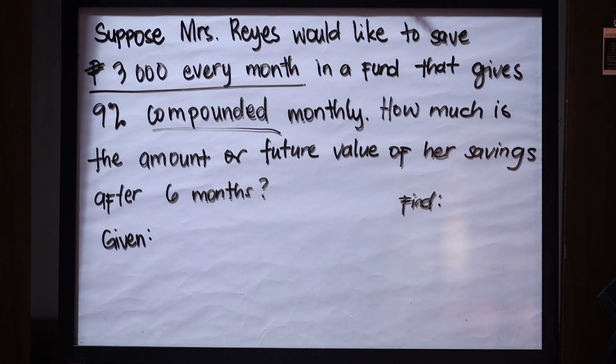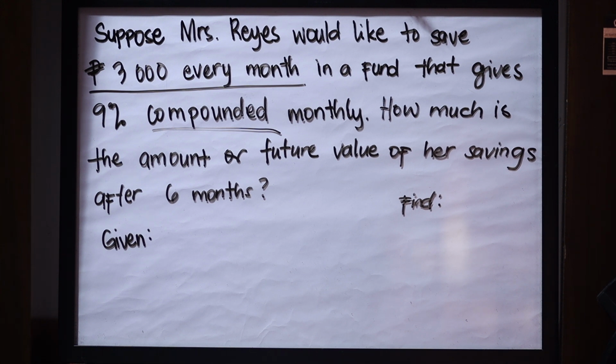So that is the difference between problems under annuities and compound interest. Of course, for every problem, the way they state the phrases or statements will be a bit different.